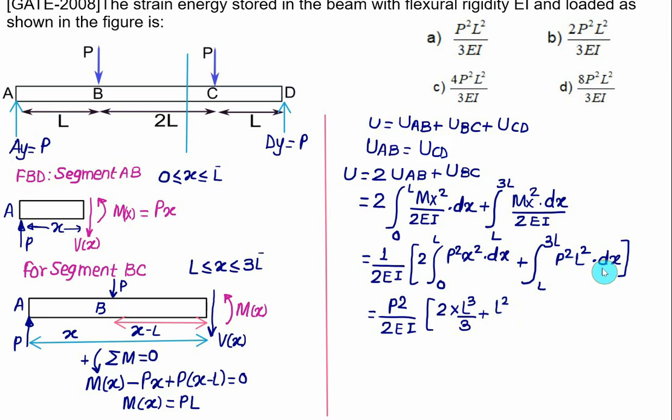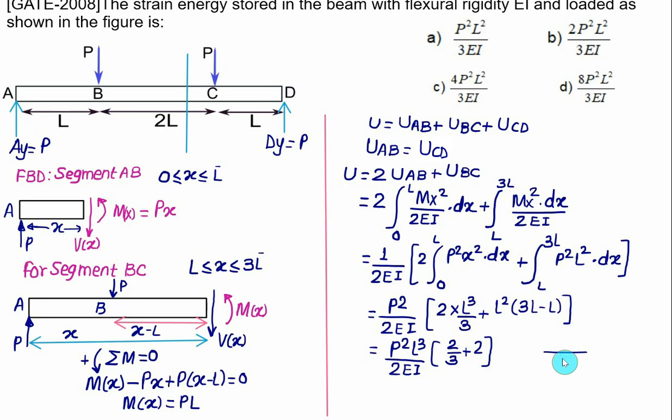The integral of dx is x, which gives 3L minus L, and the bracket is complete. So L cubed here and L cubed here can be taken common. We have P squared L cubed divided by 2EI. What is left here is 2 by 3, and here we have 2L cubed, so we are left with 2.